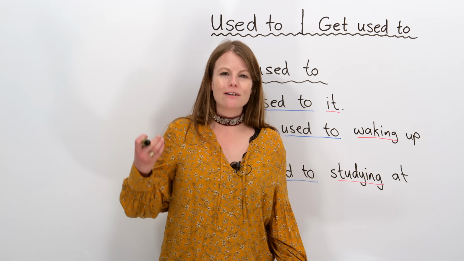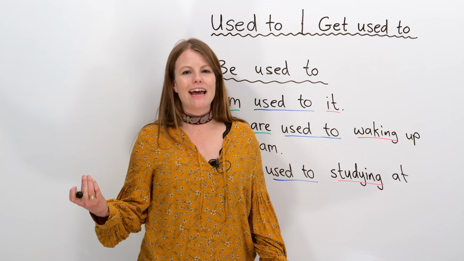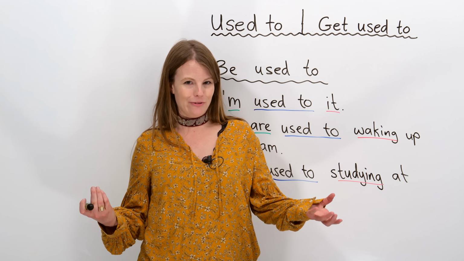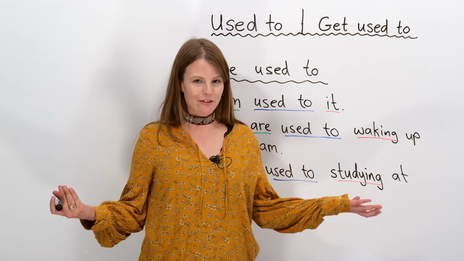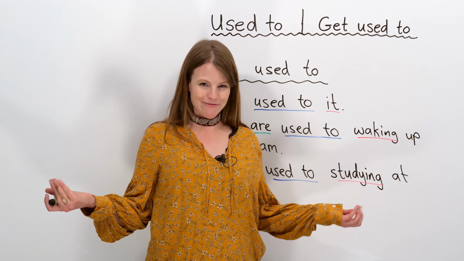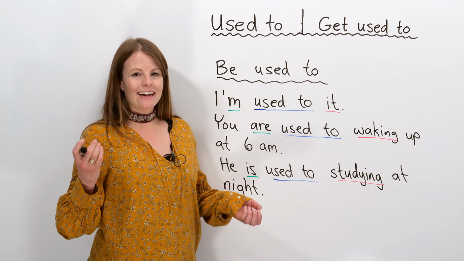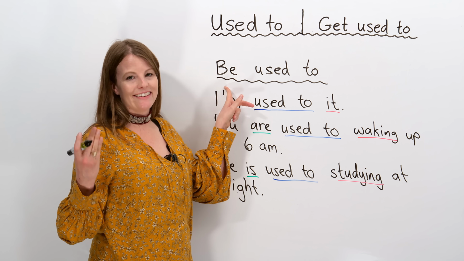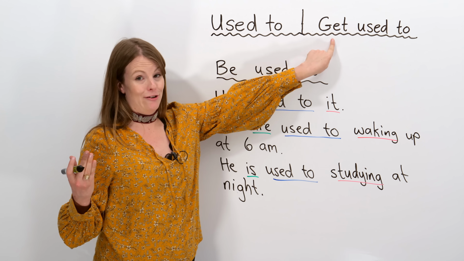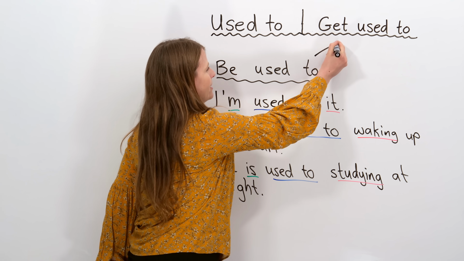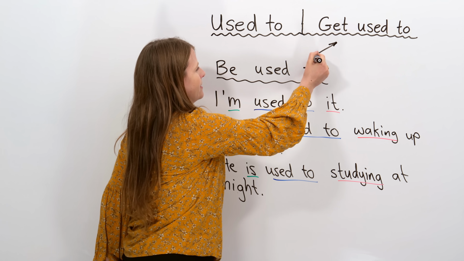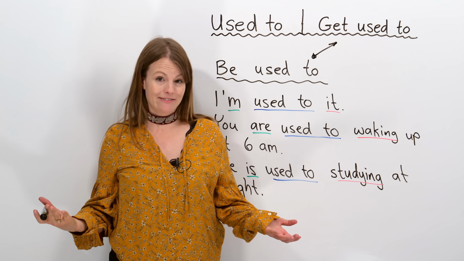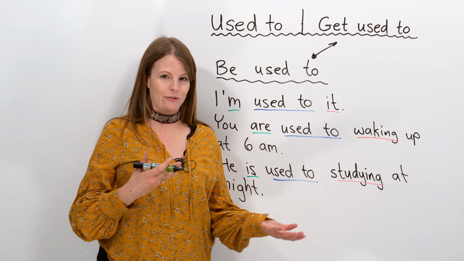Okay, so we've talked about used to, and we've talked about get used to. What about be used to? What does that mean? Well, the nice thing is be used to actually has the same meaning as get used to. So I'm going to just draw an arrow because you can use either of these, be used to or get used to.